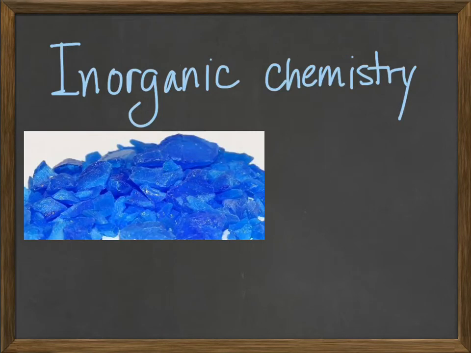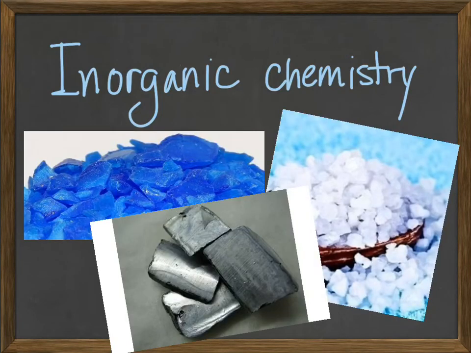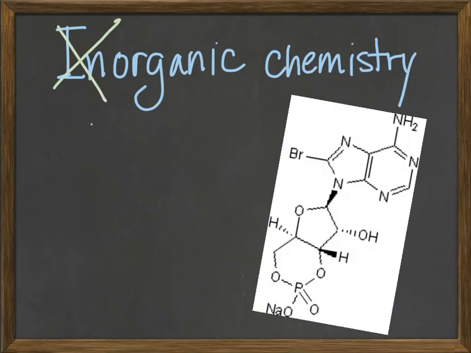And inorganic chemistry looks at things like metallic salts and metals and other compounds that aren't, well, wait a minute. We did this backwards. We should start off talking about organic chemistry. It's actually a little easier to talk about organic chemistry first because inorganic is everything organic's not.